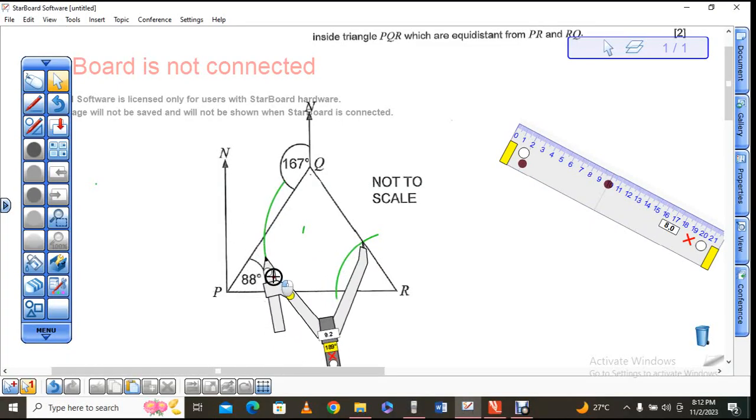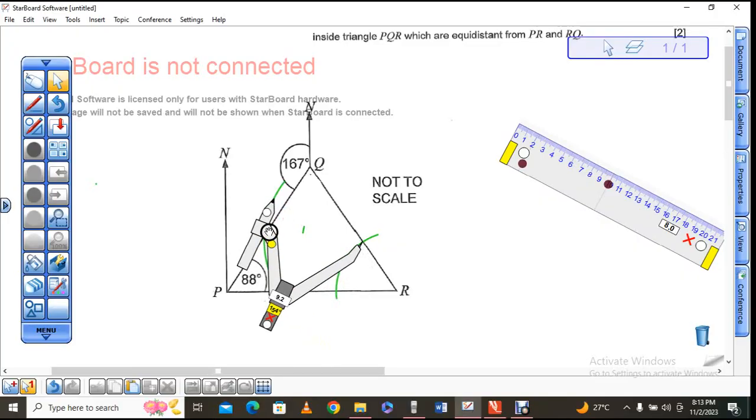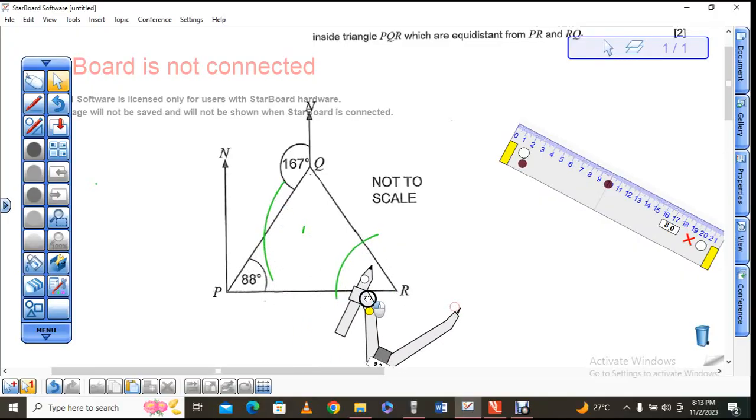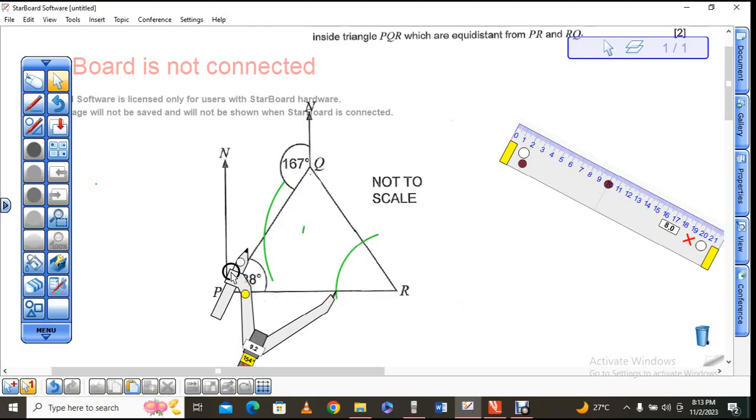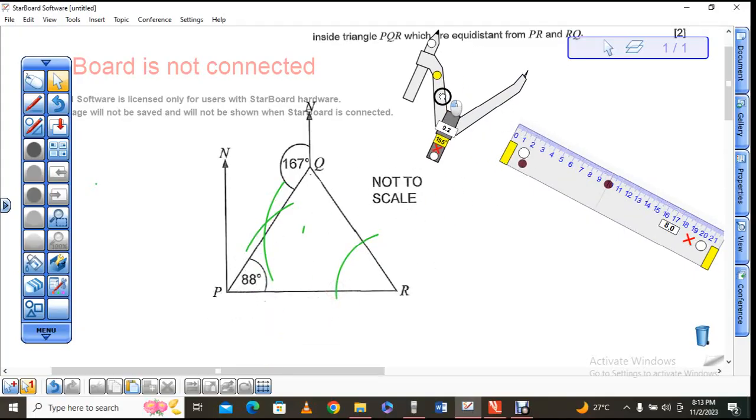But I'm going to adjust it, so let me do that. And from that point, I'll make another arc like so. Then I put it over here, and I am going to do the same thing there. Okay, so now I'm done with that.